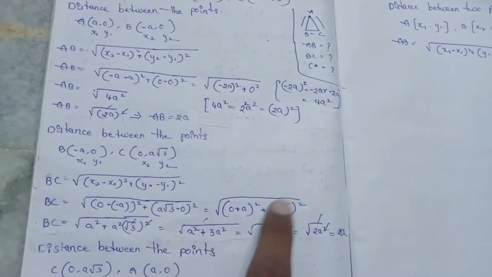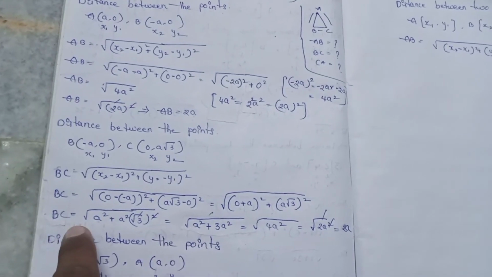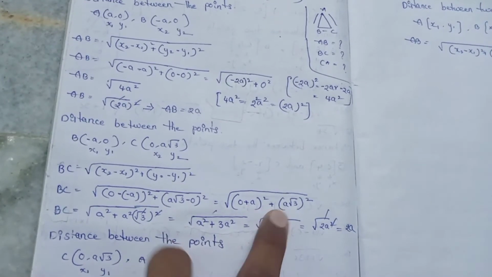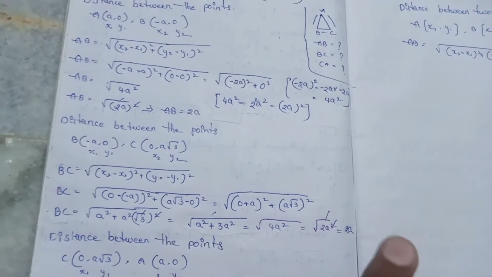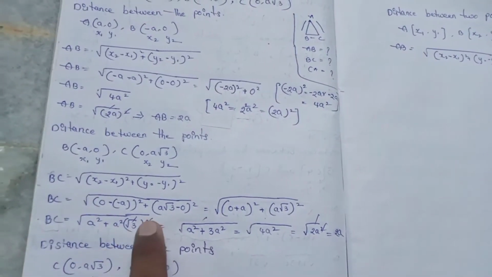The 0 is not negligible here. A root 3 whole square. BC is equal to root of A square plus A root 3 whole square. Here, two terms are there, A and root 3, so I am separating the square term: A square into root 3 whole square.